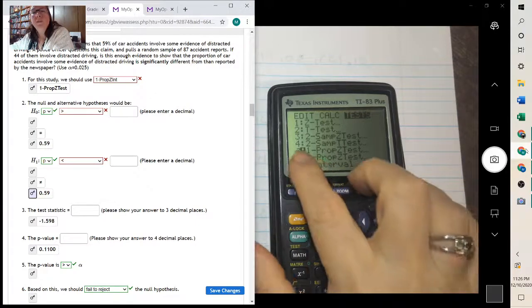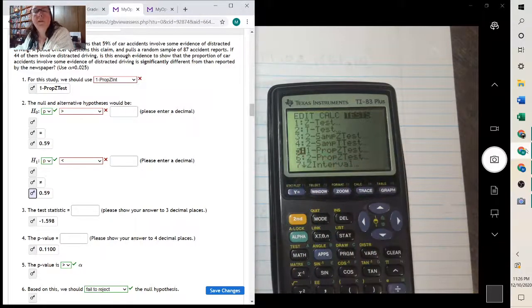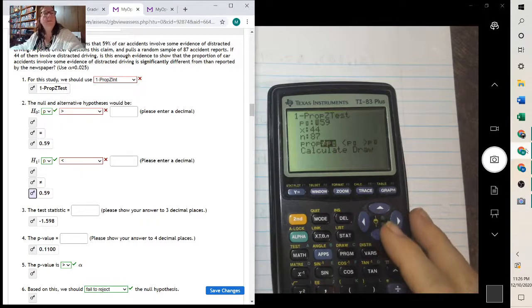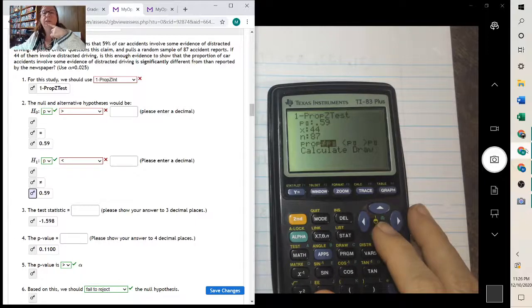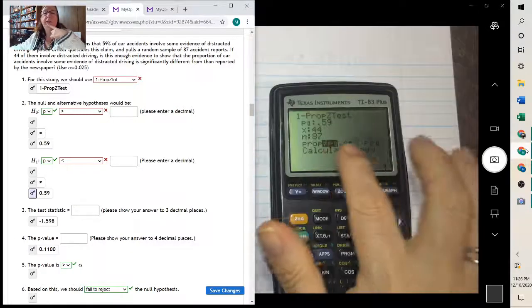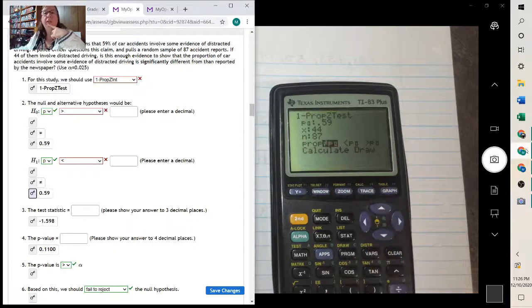It's one sample, so it's number 5. And then you put your P sub 0, which is your null hypothesis, and we said that was 0.59. Then he took a sample, and 44 of them were because of it, out of the 87. We're testing not equal to. If you test less than or greater than, you mark which one, and then calculate.